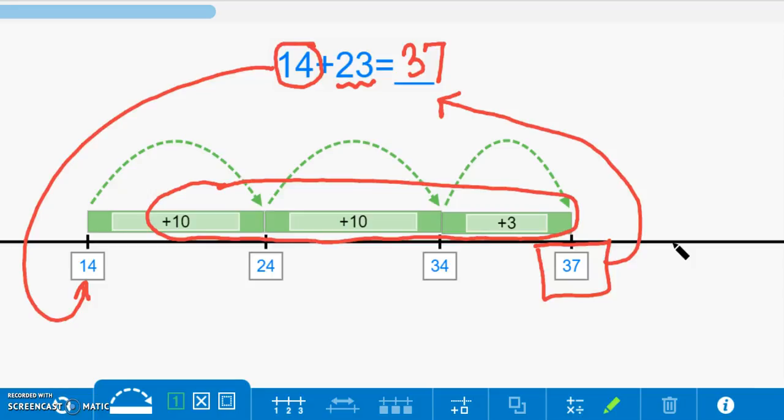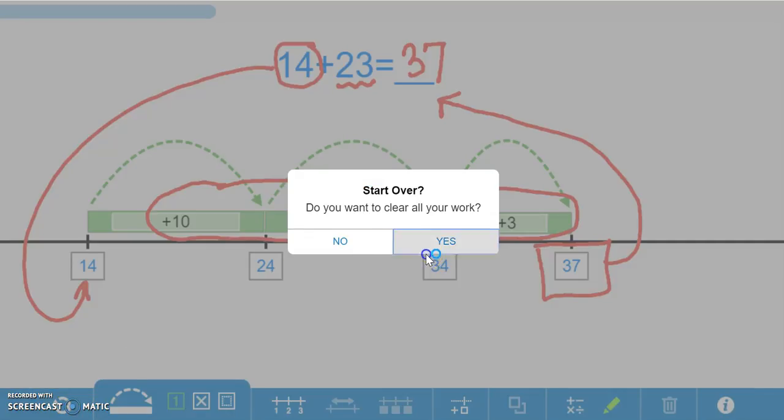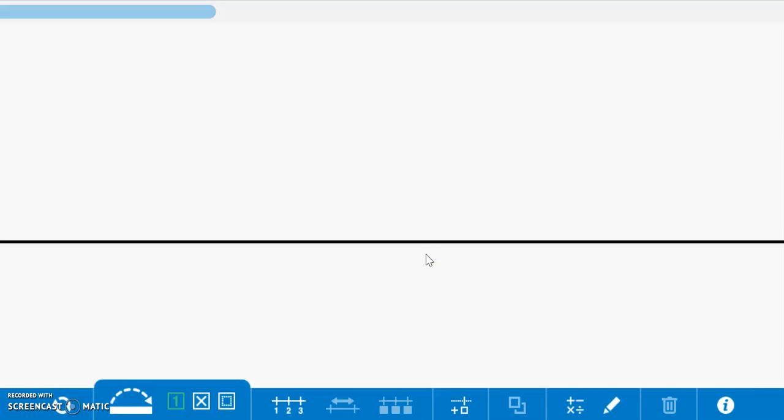Let's try it with another one. Let's say that Mrs. Robinson went home and she saw that Juliana had 15 containers of slime. And then her daughter, Caitlin, came home with 12 more containers of slime.